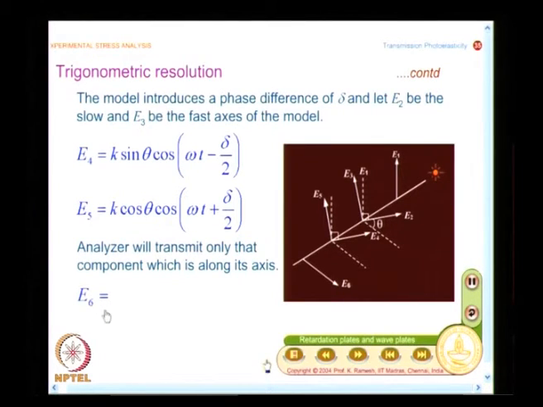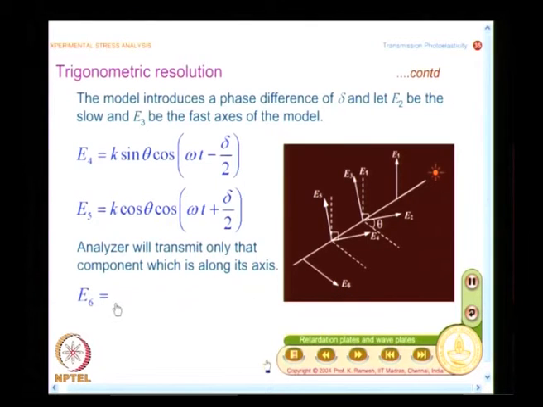So, what we do here is, because the optical arrangement is very simple, we are in a position to do trigonometric resolution, and stage by stage we are able to incorporate the changes that happen to the incident light vector. And we know E6 will pass only the light component parallel to this.